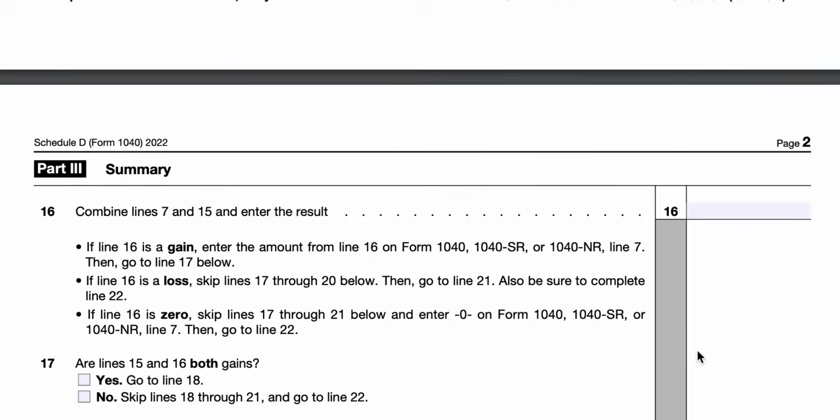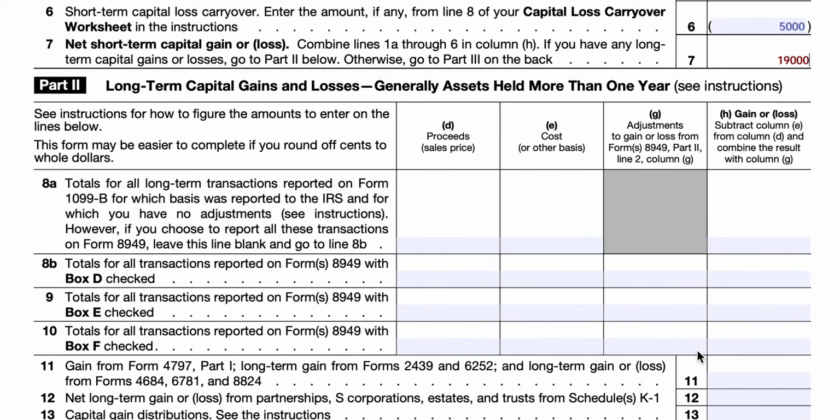But let's just imagine that our hero, John Doe, also entered into some capital gains transactions, long-term transactions. So let's just say they had $10,000 that was reported to him that he decided to report directly onto Schedule D. So $10,000 long-term capital gain.